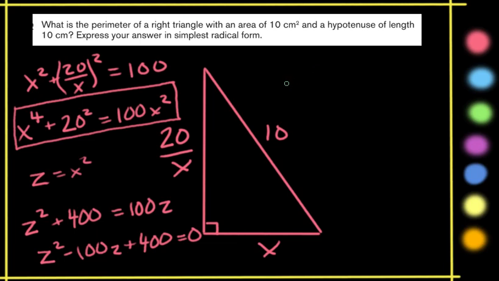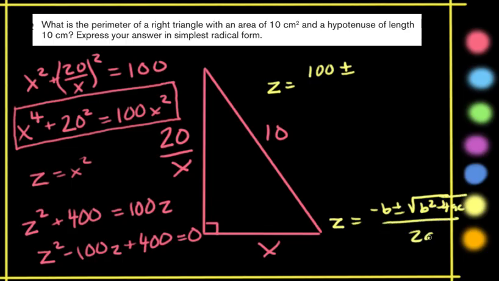And we'll say z is equal to, using our quadratic formula, minus b, so that's going to be 100, because b is negative 100, so minus b is 100, plus or minus. So remember the quadratic formula is x, or in this case z, whatever we're looking for, our variable, is equal to minus b plus or minus the square root of b squared minus 4ac, all divided by 2a, where a, b, and c are, in this case, 1, negative 100, and 400.